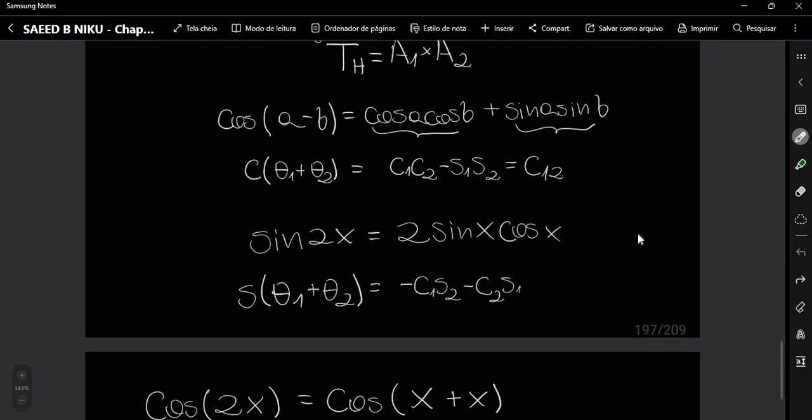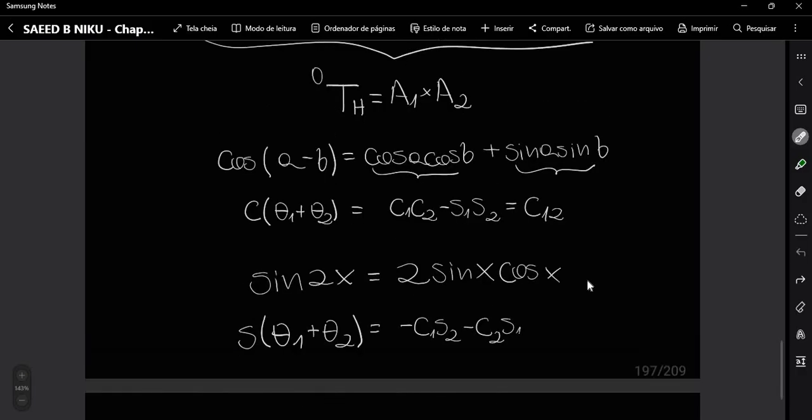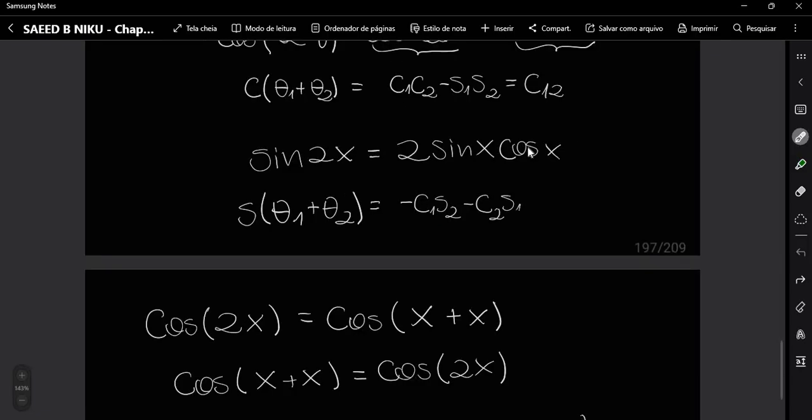So it is cosine of θ1 times cosine of θ2 minus sine of θ1 times sine of θ2, and this relation, which is equal to the cosine of the sum of these two angles, we call C12, that is, C1 and 2, from the angles θ1 and θ2.